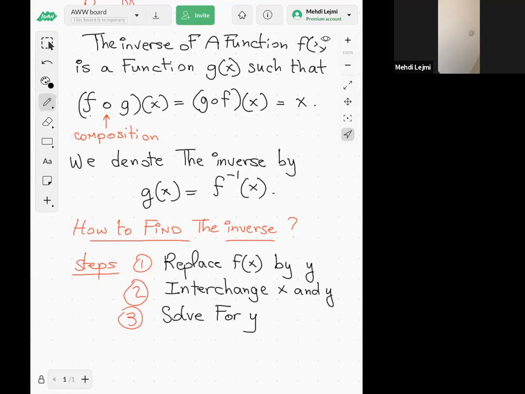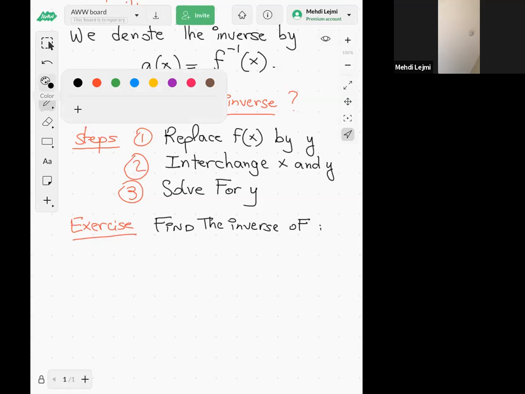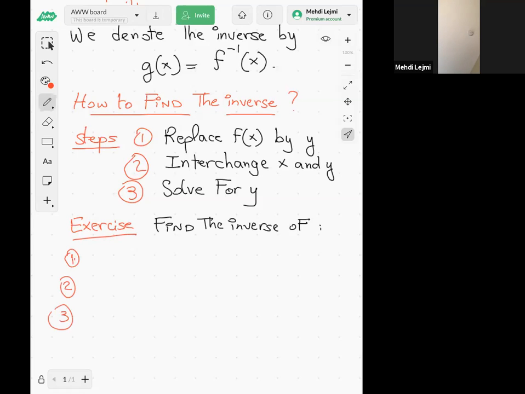We had an exercise where we had to find the inverse of the following functions. The first function, please correct me if I am mistaken, was f of x equals 3x plus 1.